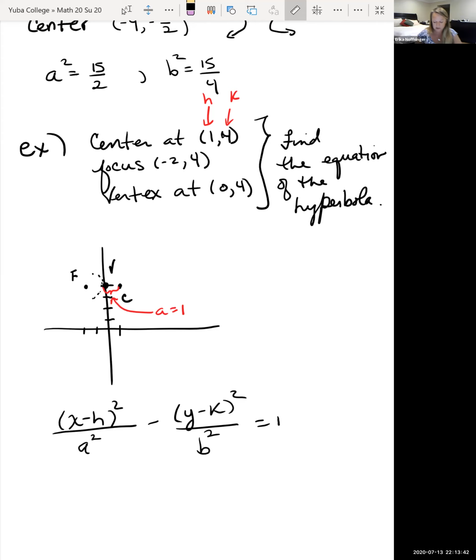So we know a is 1. That distance between the focus and the center, this is the length of c. Well, if we're going from x equals 1 to x equals -2, 1 minus -2 gives me 3.